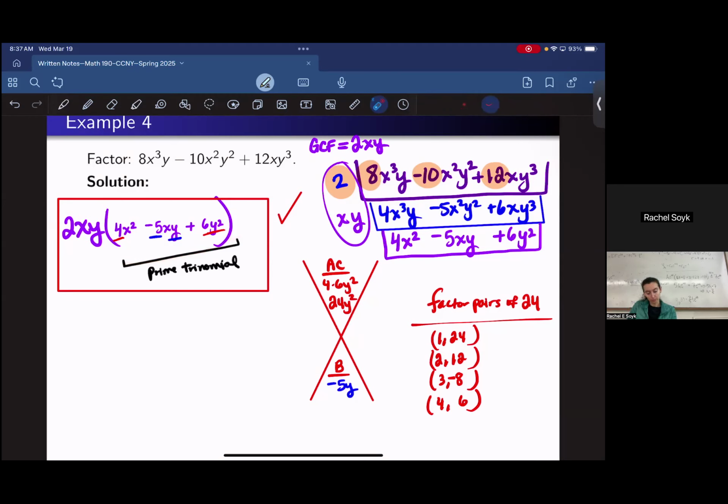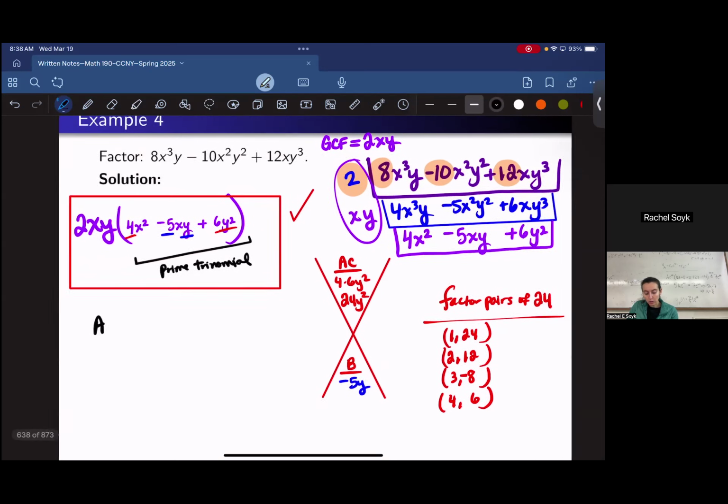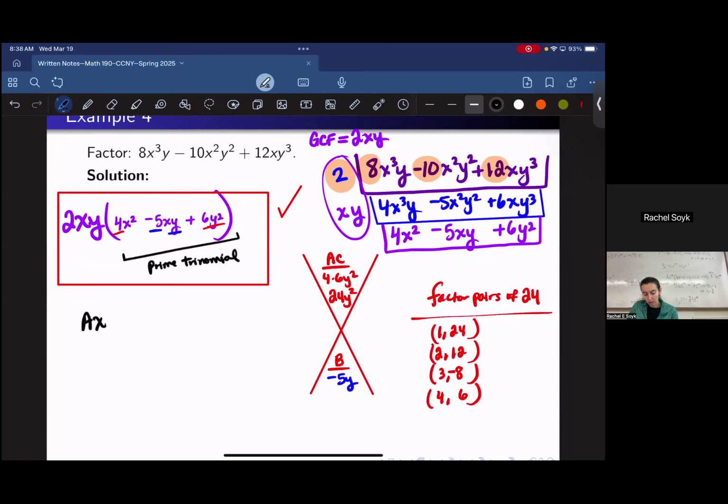When you factor it, does it matter that it's negative 5y? Can it be negative 5xy? Very, very good question. It can't be negative 5xy because remember, we're looking at the general equation of a quadratic, in this case, ax squared plus bx plus c.